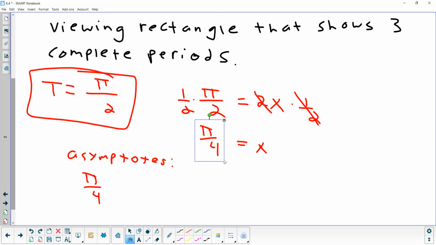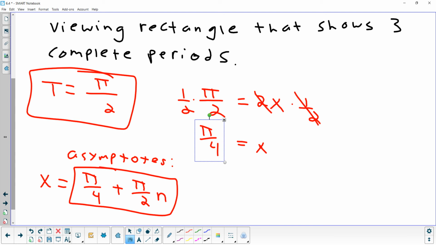How do you explain that? You tell me that it's going to repeat every cycle. So you put plus the period times n. Those are all the vertical asymptotes in this problem. The first one is at pi over 4, and that one will repeat forever, every pi over 2 radians. Left and right.